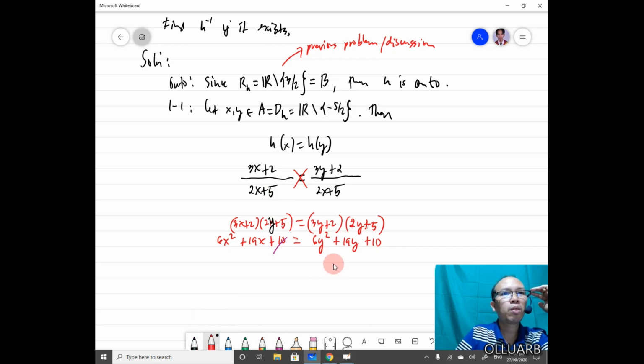Meaning to say this is 3x plus 2 times 2y plus 5, and this is 3y plus 2 times 2x plus 5. And then this must be 6xy. So I guess we have to erase this.